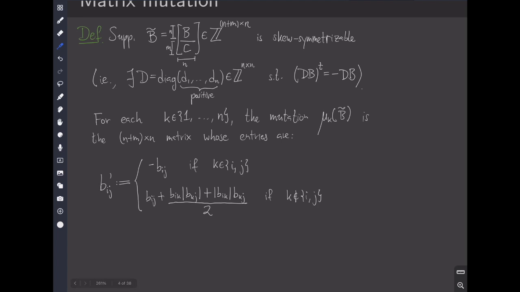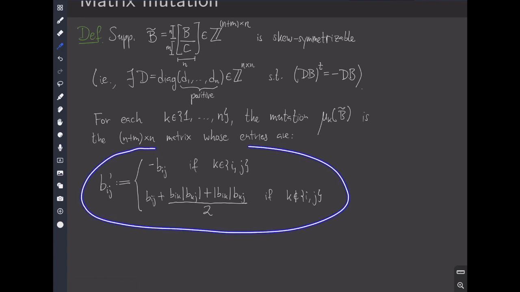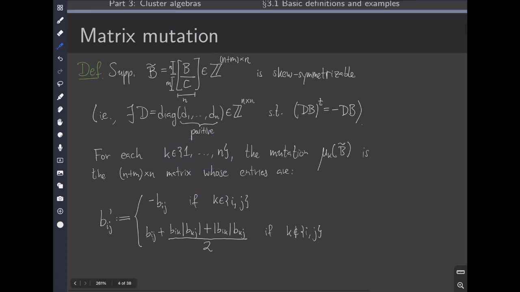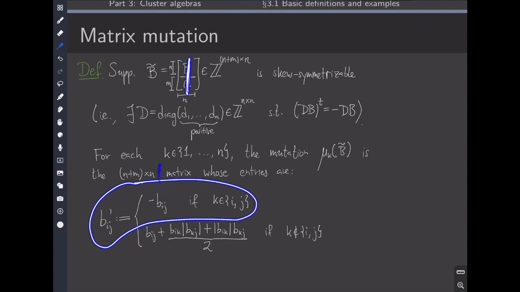Now this, I agree, may look weird. At least it looked weird to me the first time I saw it. But here's the point: for k one index from 1 to n, k somehow represents a column. What this first part is saying is that the new matrix's kth column is just the old kth column, but negated.